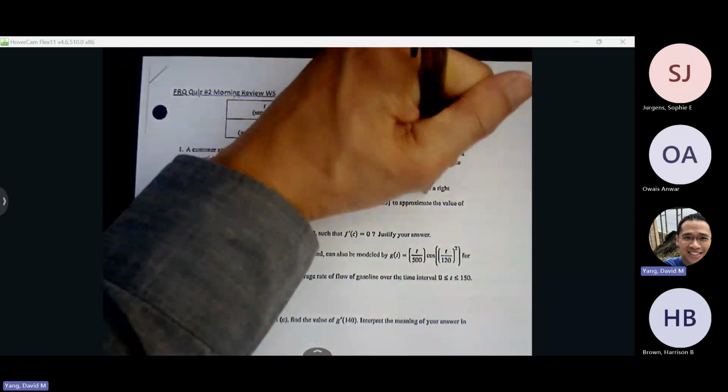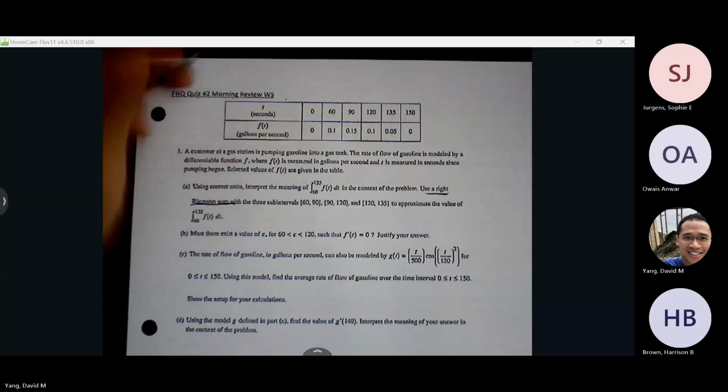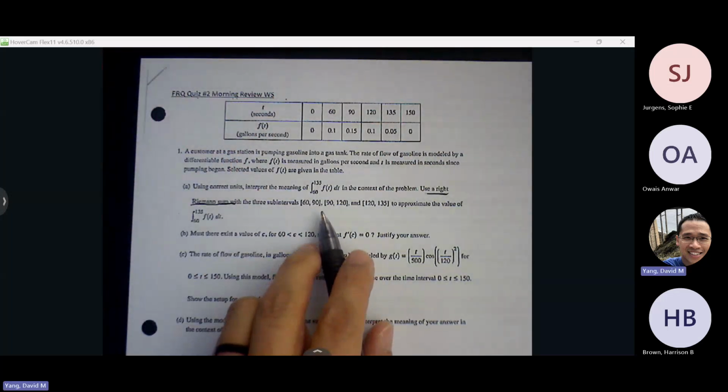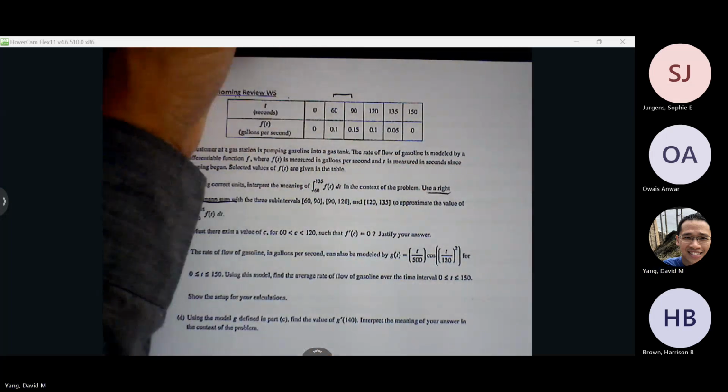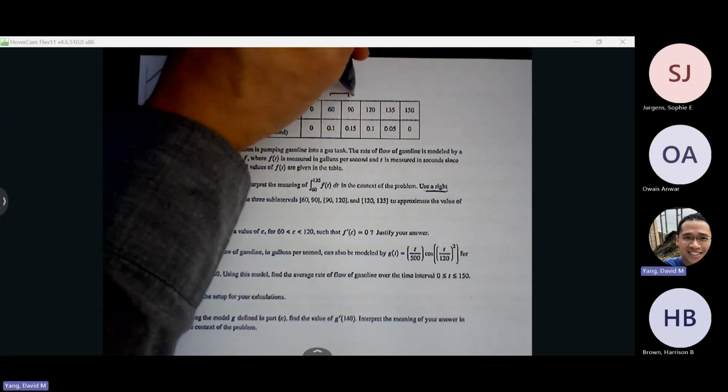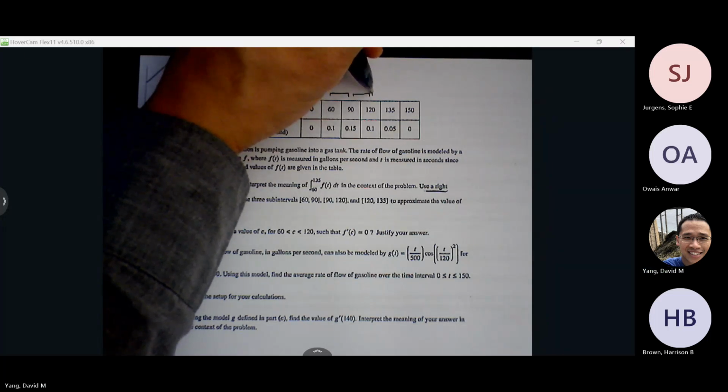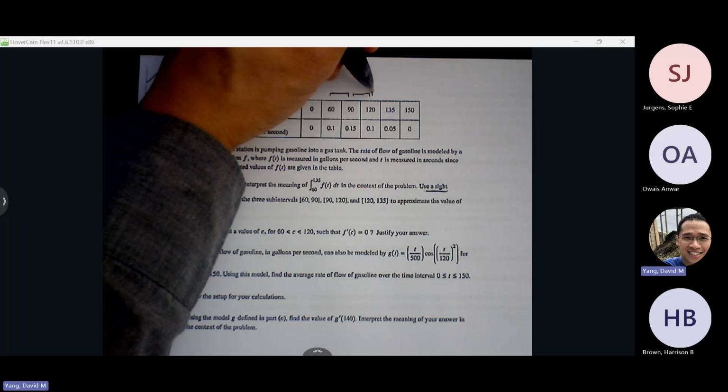We're going to use a right Riemann sum. And they're telling us how the intervals will look: from 60 to 90, 90 to 120, 120 to 135.